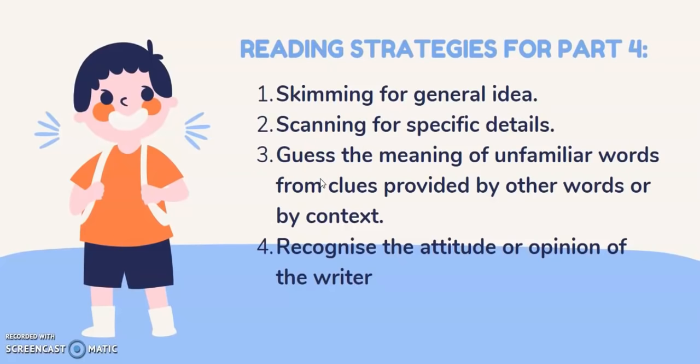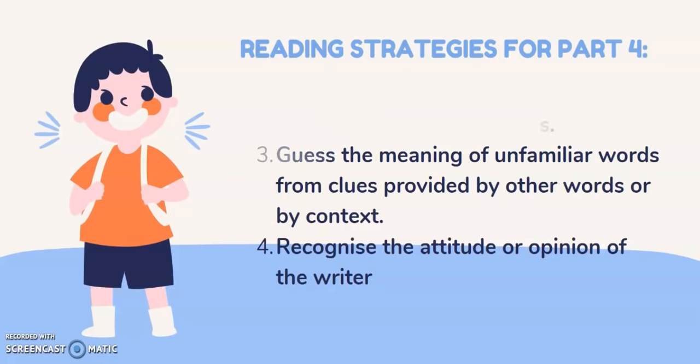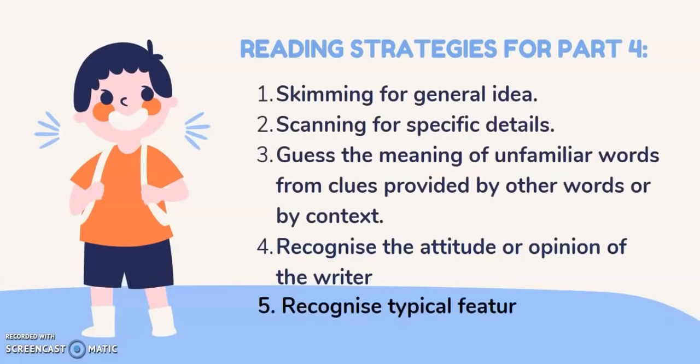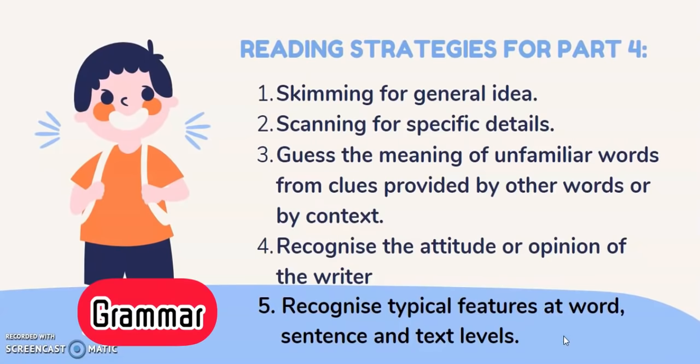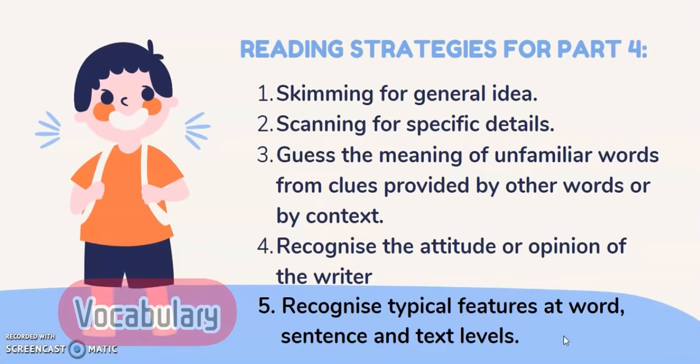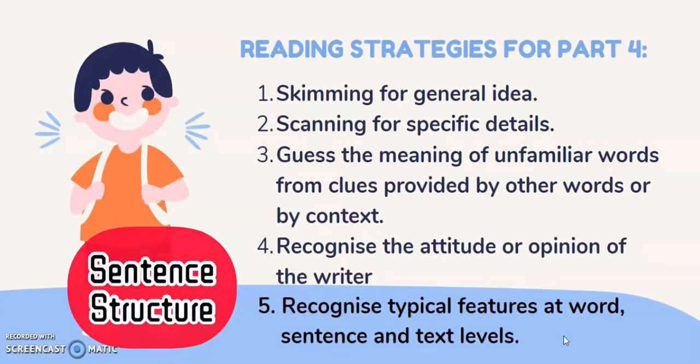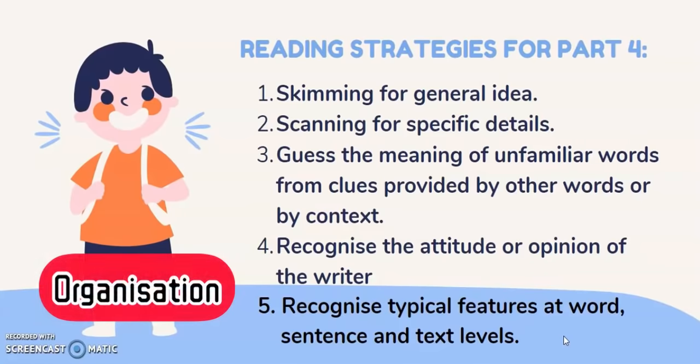But one different skill to be used here is to recognize typical features at word, sentence, and text levels. What does this mean? This means you need to focus on the uses of language, which includes grammar, the vocabulary, the sentence structure, and the organization of the whole passage.